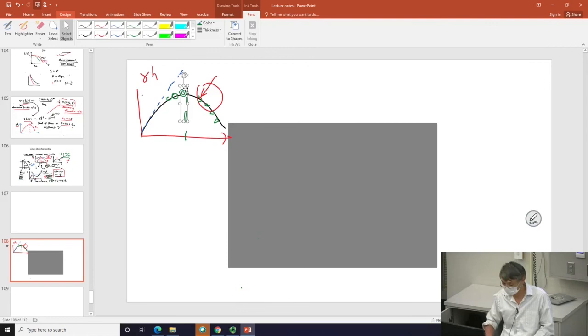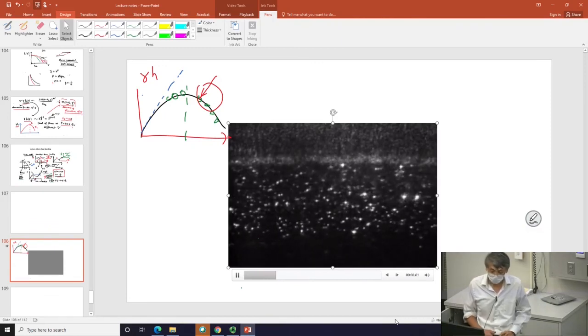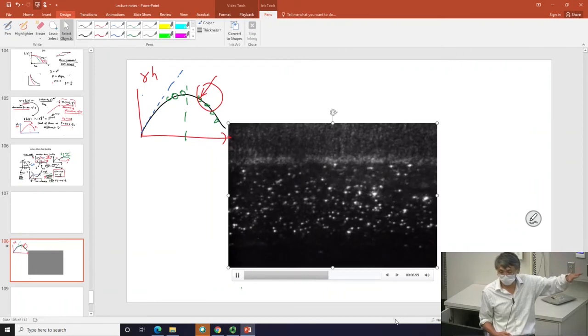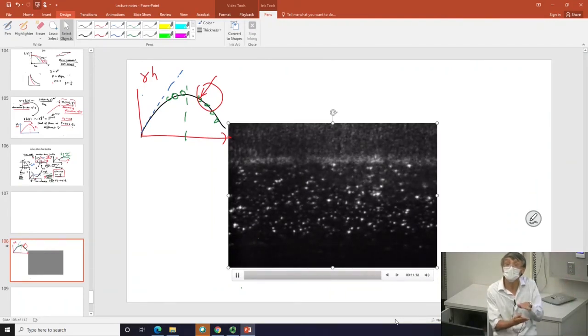In other words, let me drive home this point. The speculation I had from the beginning was that the stress is lower at a higher strain because samples break apart during the stress relaxation.